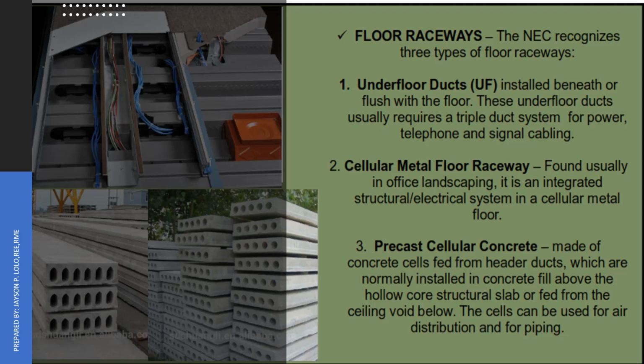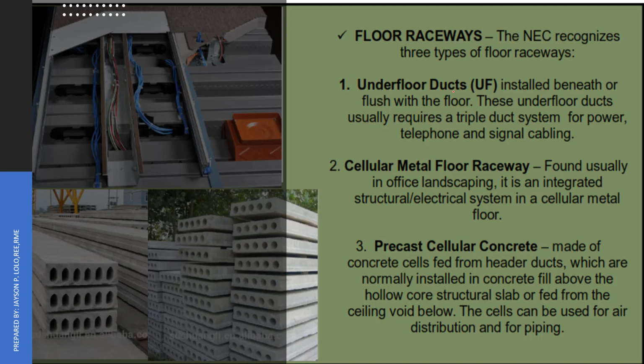And we have floor raceways, which are NEC recognized. We have three types of floor raceways. The first is the underfloor, where you guide the PVC conduit from one location to the next location using the concrete raceway.